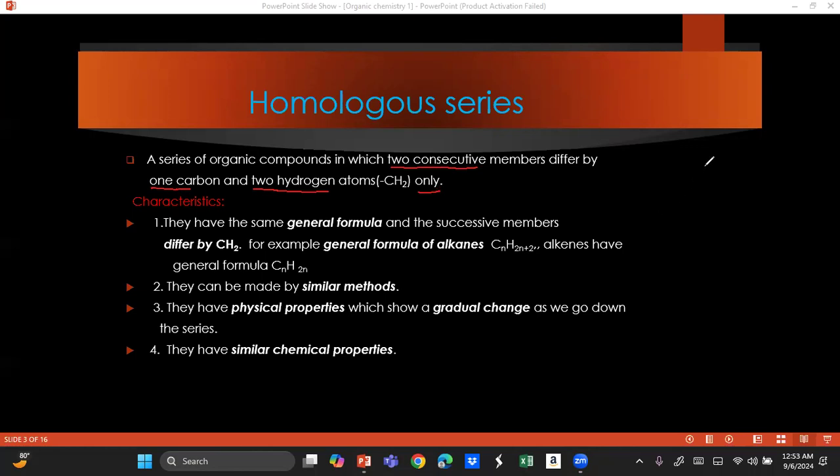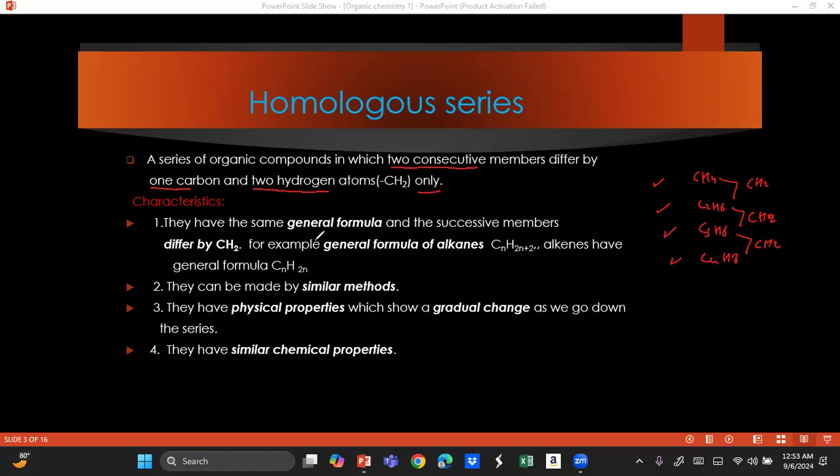Between 2 members, let's take methane, ethane, as I told you earlier, you see there is a difference of 1 carbon and 2 hydrogens. C4H8, this is methane, ethane, propane, butane, and then we have pentane, and so on. We already showed this in the previous slide.